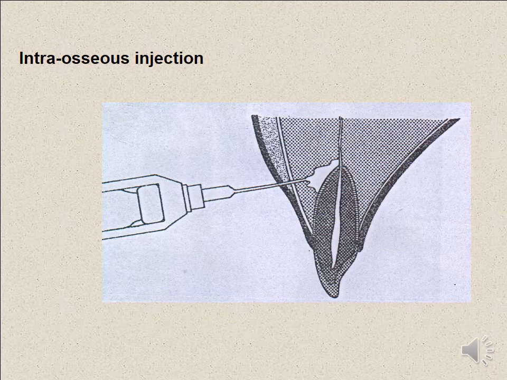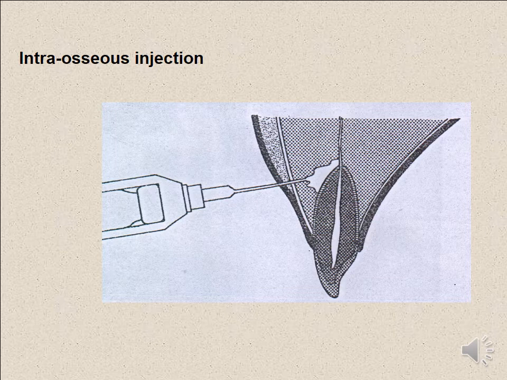Another infiltration technique is intraosseous. We make a hole within the cortical bone and reach the cancellous bone, and then the local anesthetic solution can enter the cancellous bone and easily penetrate to the apex of the tooth.